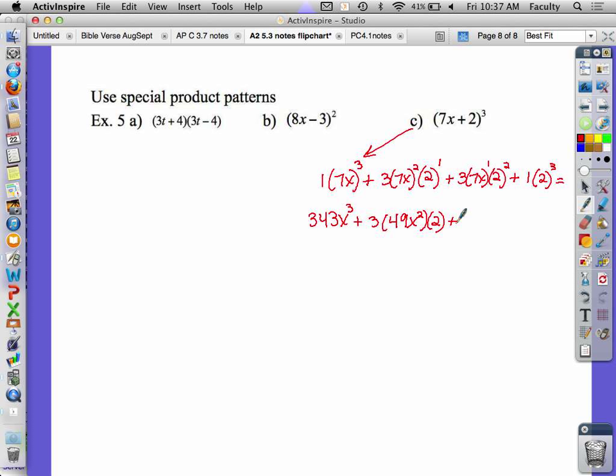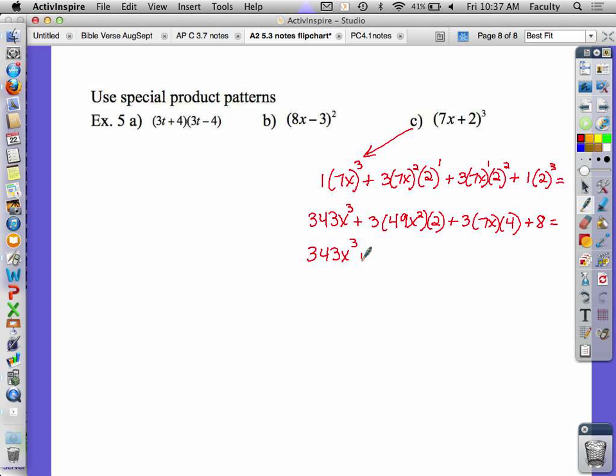Okay, so do you see that? I'm just going to make it 3 times 49x squared times 2. Then that's 3 times 7x times 4 plus the 8. Now you might need your calculator there.